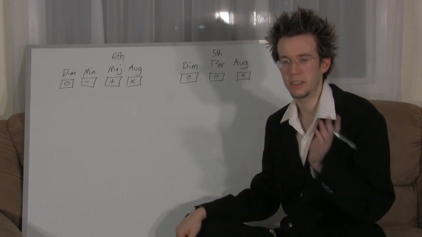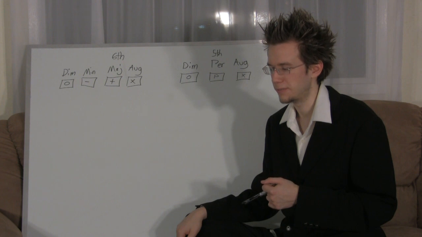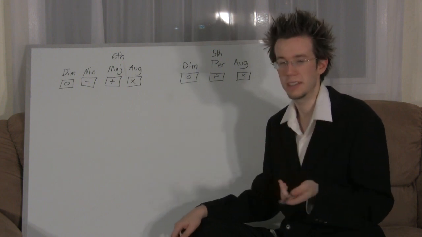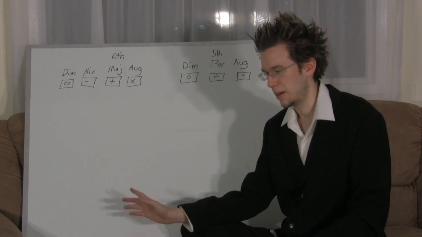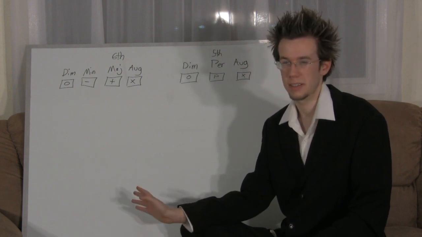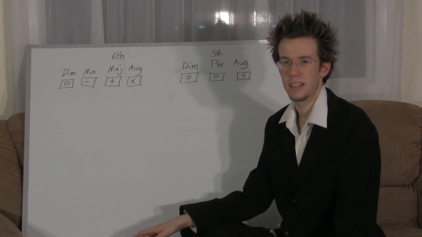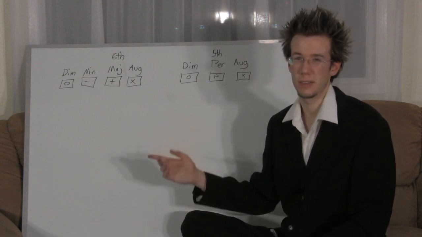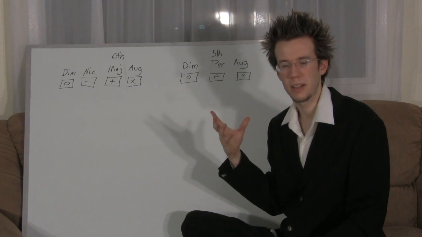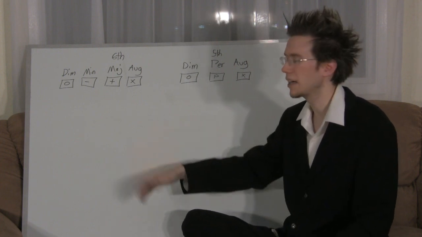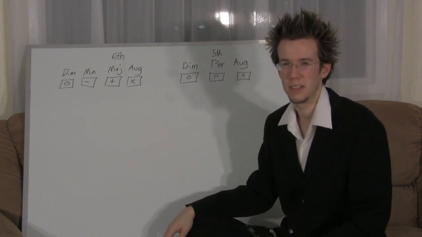So if you aren't solid there and you still want to keep going, maybe just skip over this lesson, because these are actually intervals that you learn in the next level of theory, but I wanted to include it so that it was kind of fresh in your brain. So if you don't get this right away, don't worry, it's not that big of a deal.